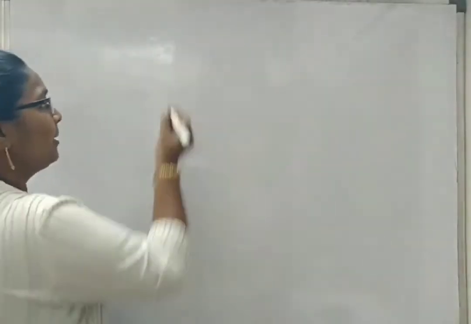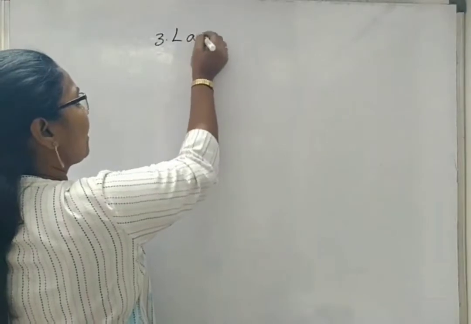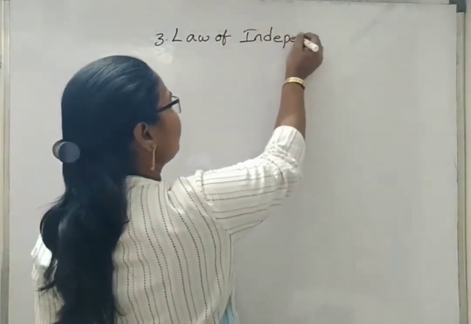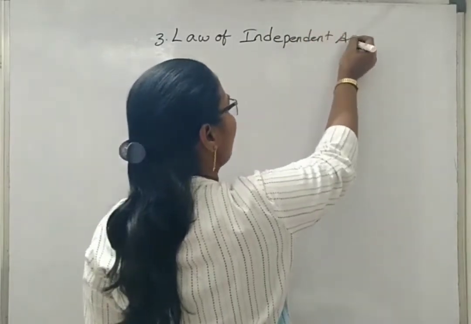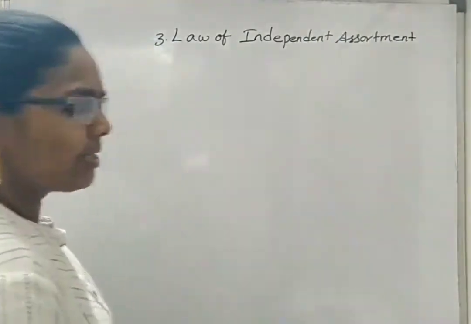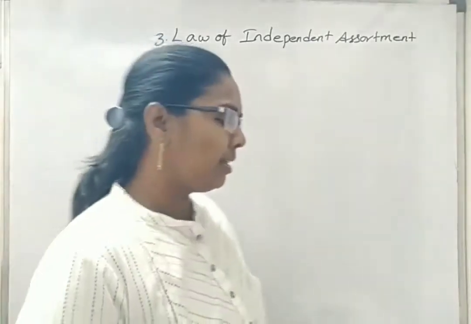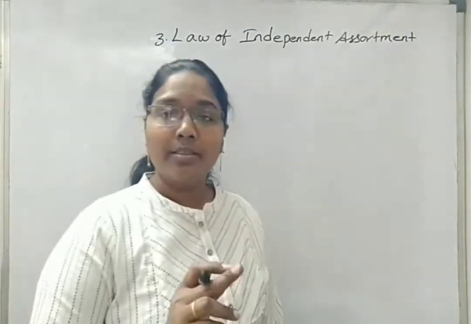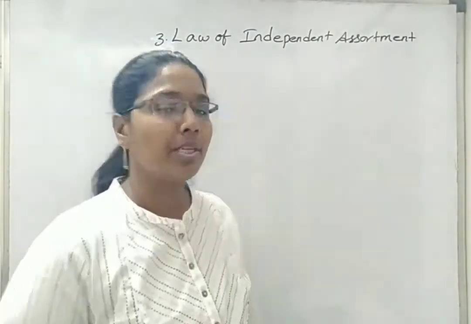That we should remember. The third one is law of independent assortment. This is considered as the third law, and this law is applicable for genes which are on different chromosomes. This sentence is considered as an MCQ.